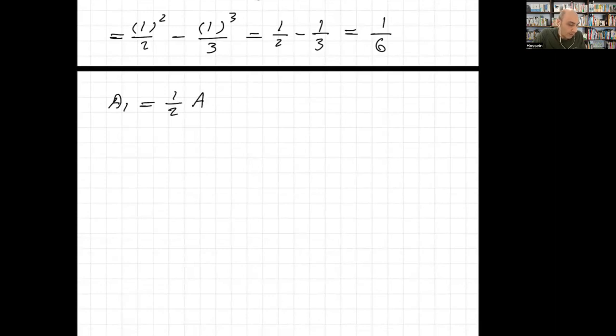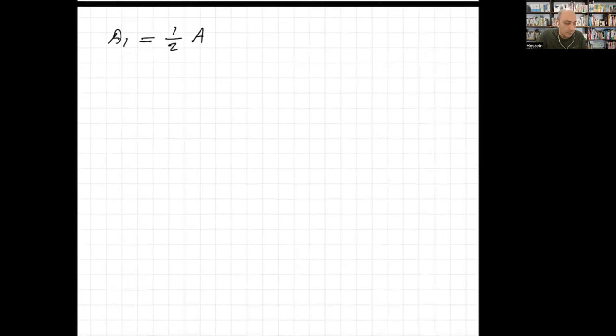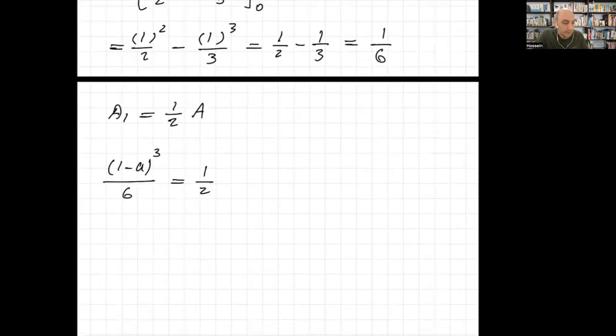So A1, we found it up here. A1 is 1 minus a cubed divided by 6, which is equal to 1/2 times A. A is 1/6, so 1/2 times 1/6.